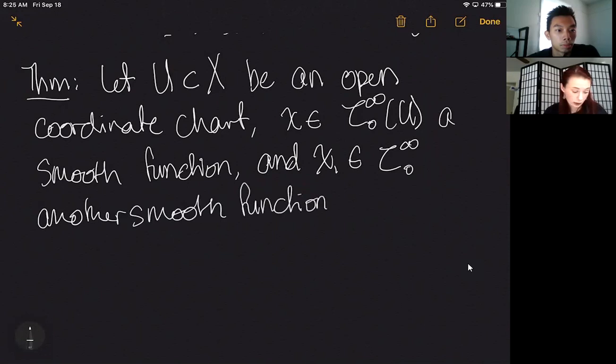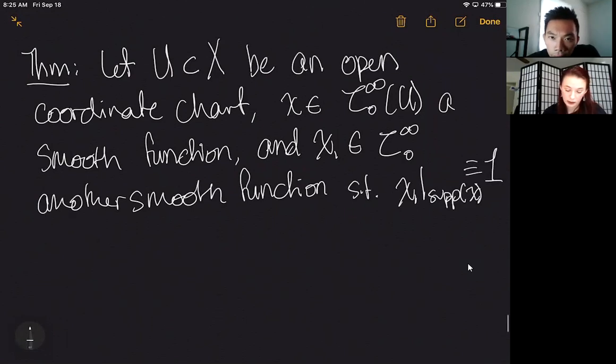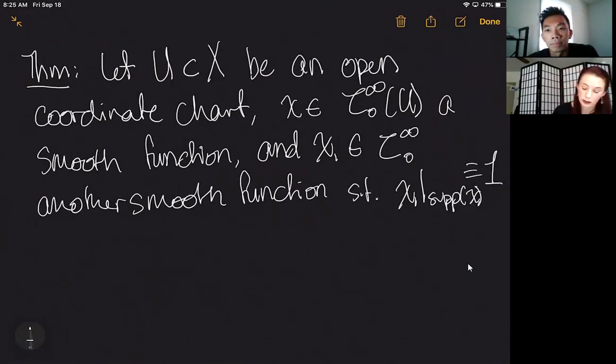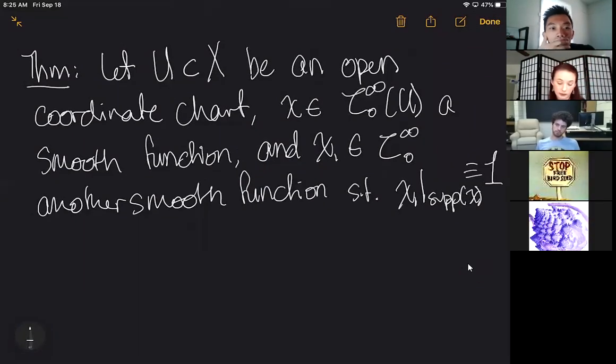So you'll notice that the first part of this theorem involves taking a coordinate chart, a smooth function defined on that coordinate chart, and then another smooth function, which is 1 on the support of that guy.